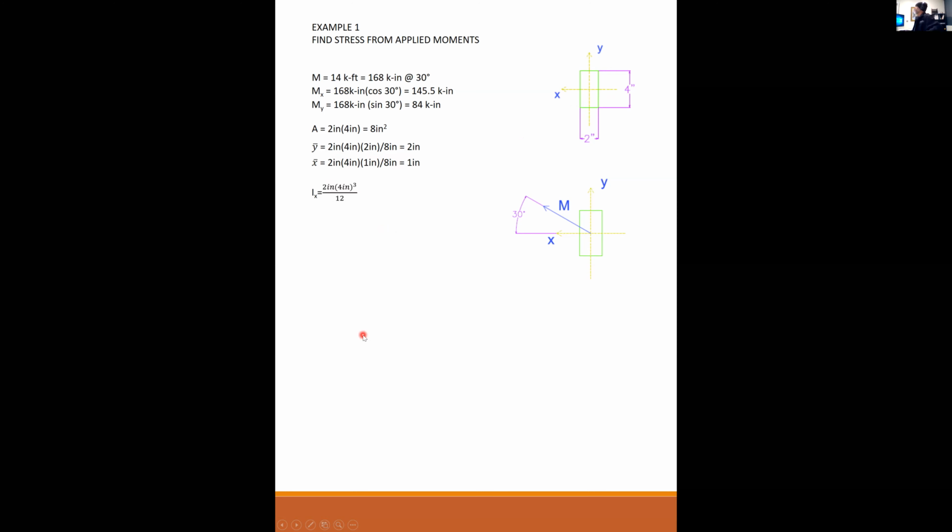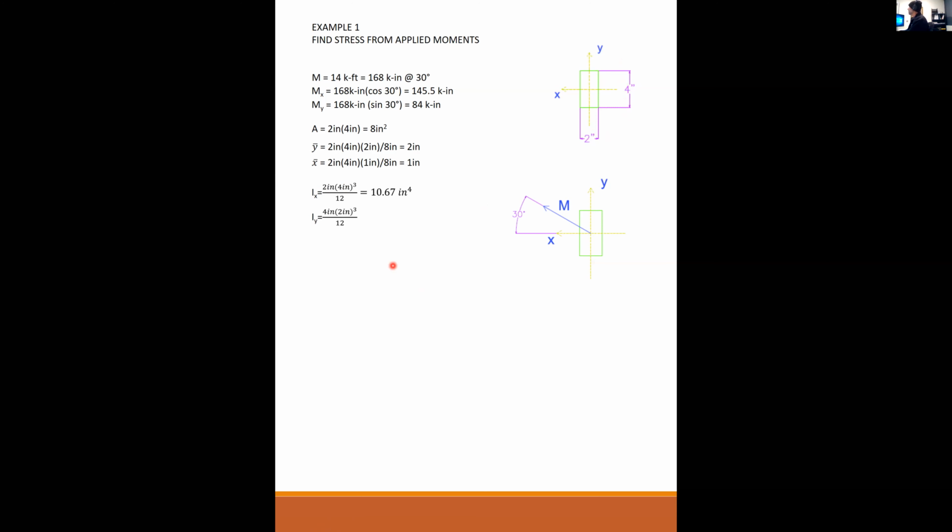So I do need the moment of inertia about the x and about the y. Moment of inertia about the x means that h is 4 and b is 2. So I have 2 times 4 to the third over 12, or 10.67 inches to the fourth.